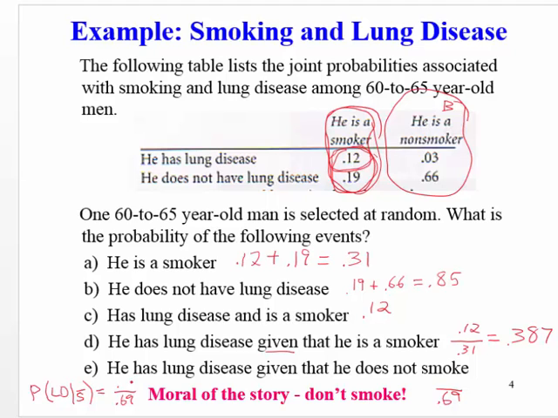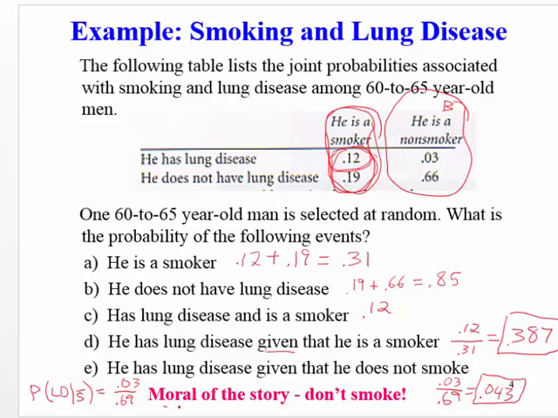And the top is that he has lung disease and is not a smoker. It's 3 out of 69. So I'll write that over here too. And that's equal to 0.043.